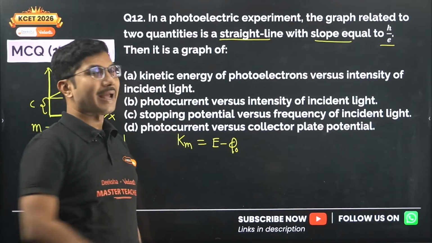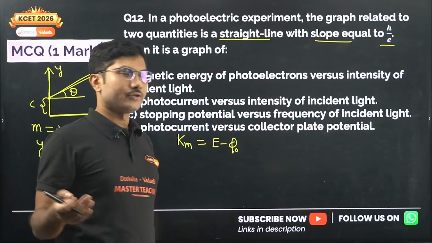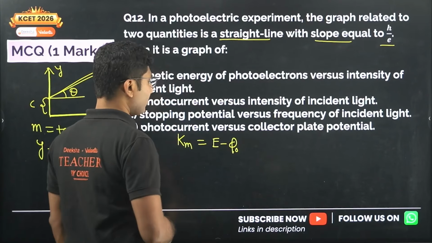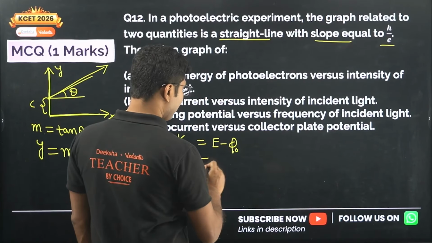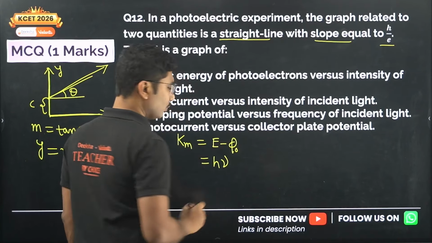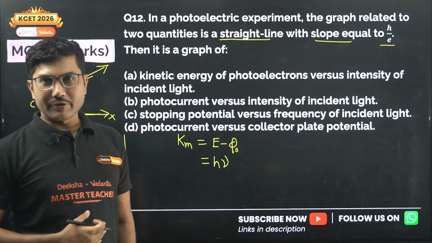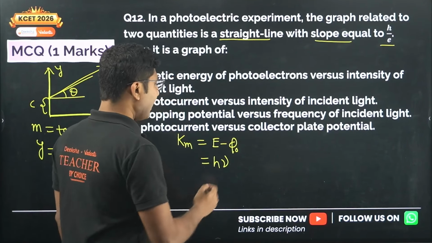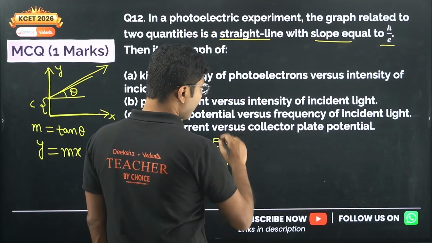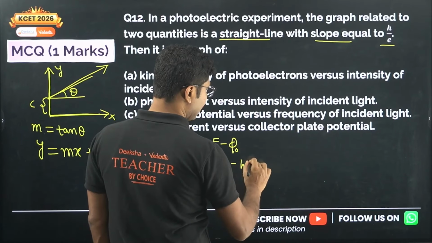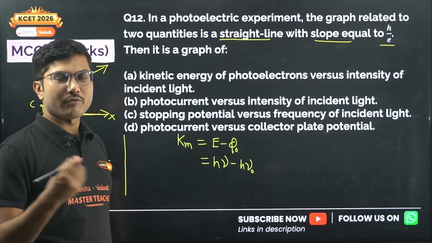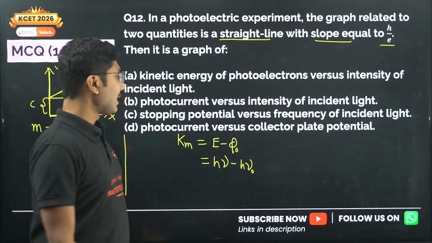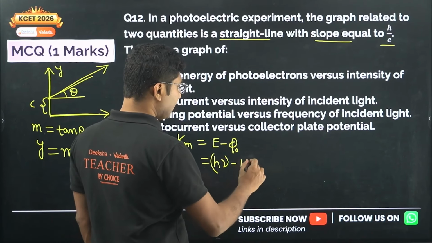Now what is the energy of light? Energy of light is given by h nu, right? Nu is the frequency of the incident light, and work function can be treated as h nu naught, where nu naught is the minimum frequency required for photoelectric effect to happen, the threshold frequency.